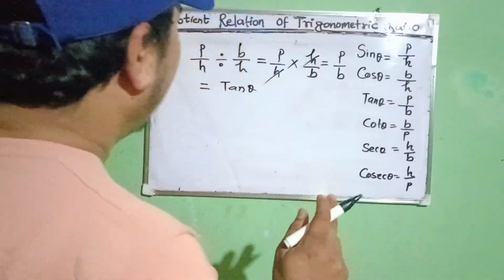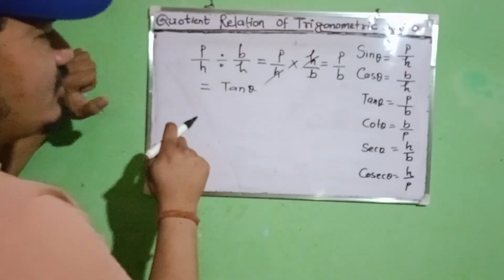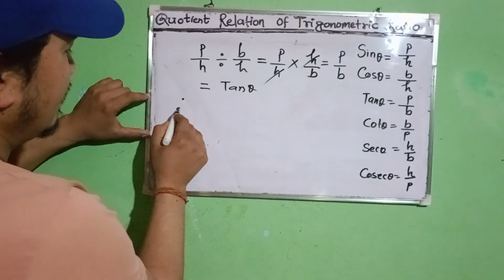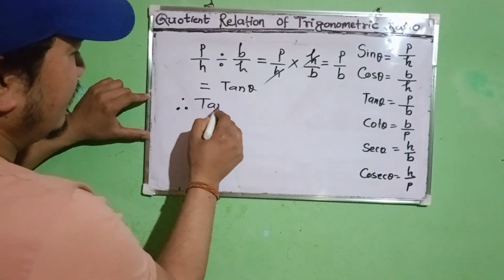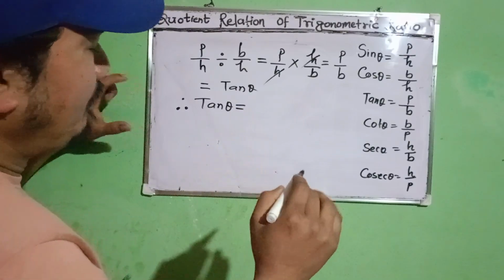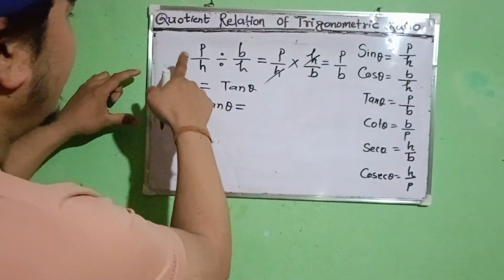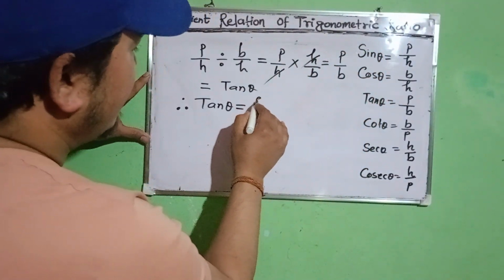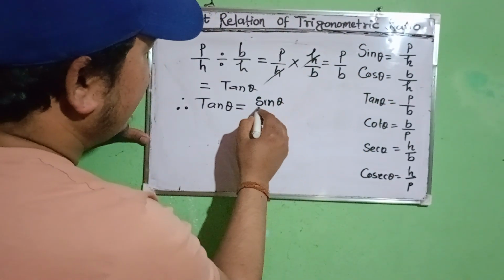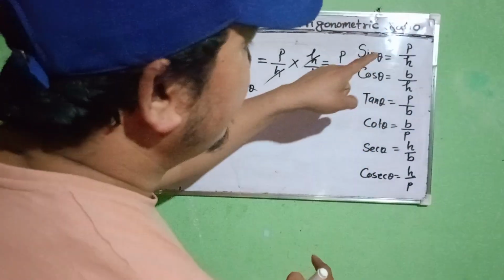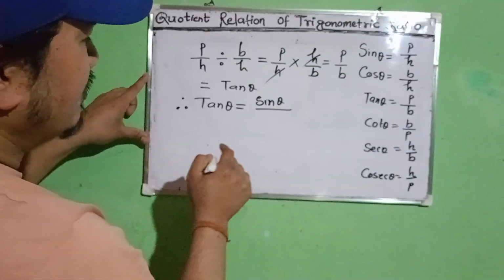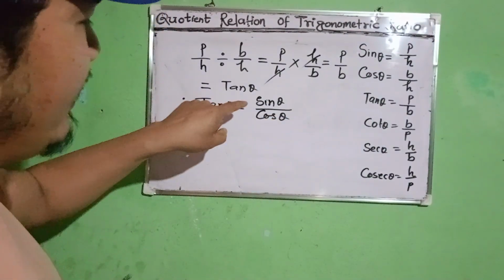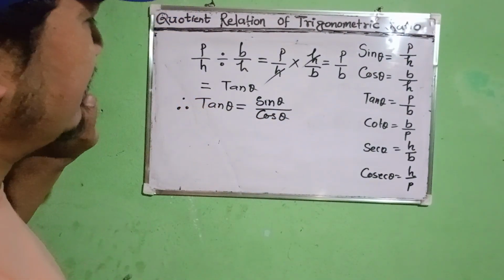Here p by h means sine theta and b by h means cos theta. When we divide the value of sin theta by cos theta, we get tan theta.